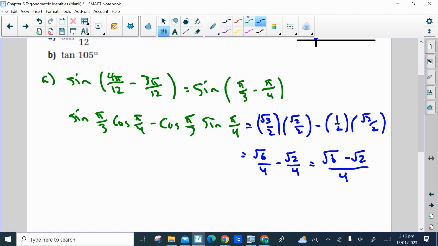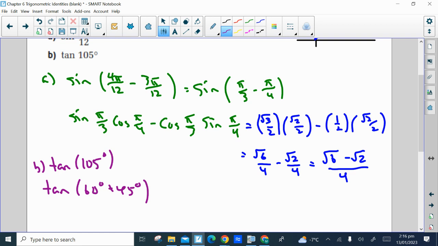Okay, tangent of 105 degrees. So again, 105 degrees is not on the unit circle. So we need to find two angles that are on the unit circle that either add or subtract, in this case, to get 105. One set of angles that'll work would be 60 and 45 degrees.